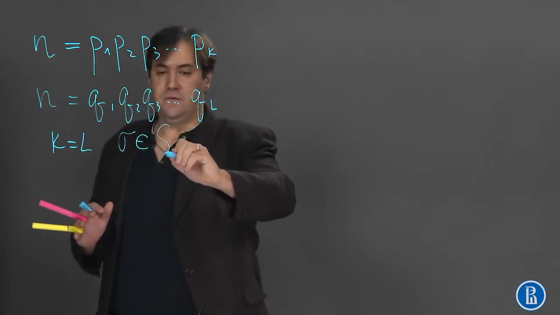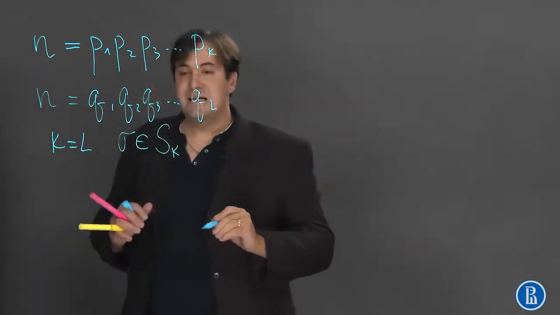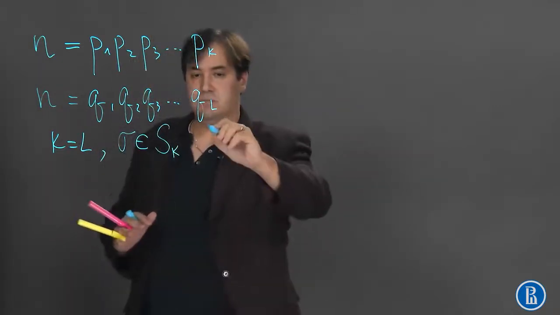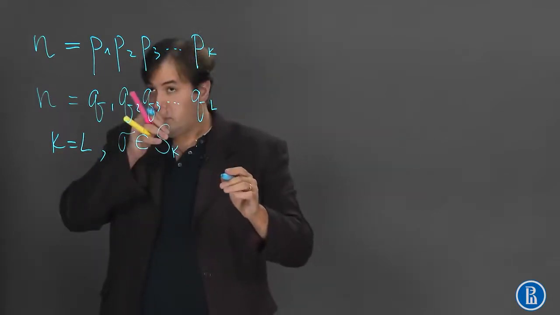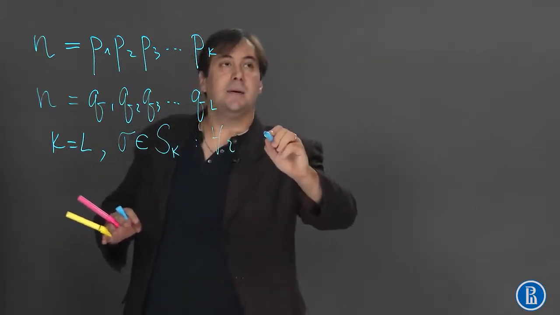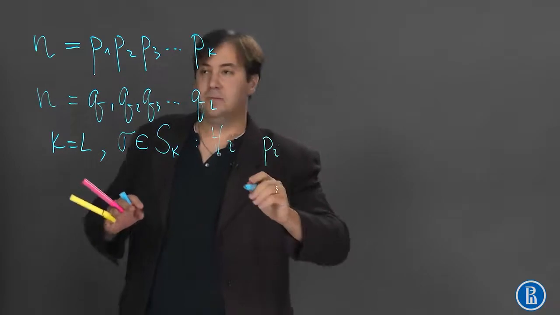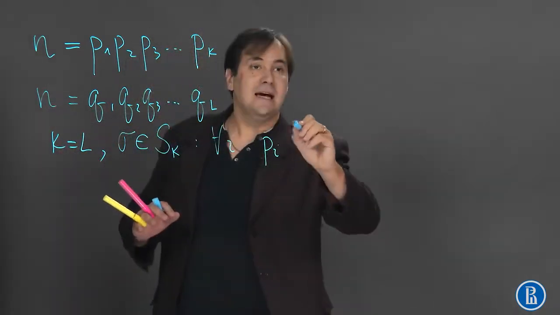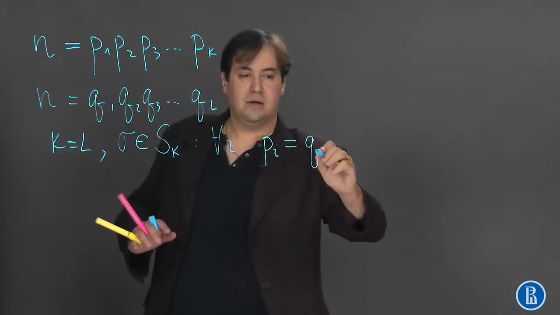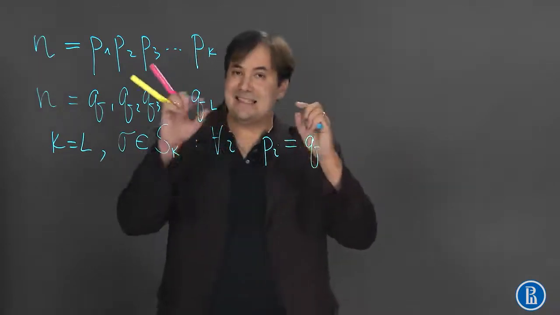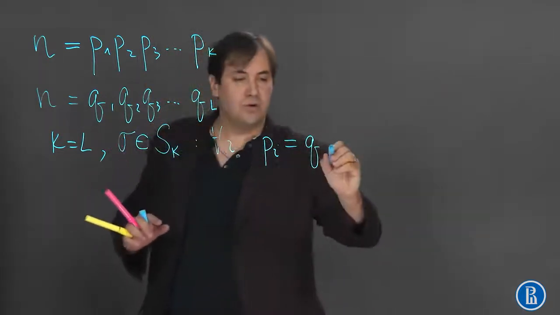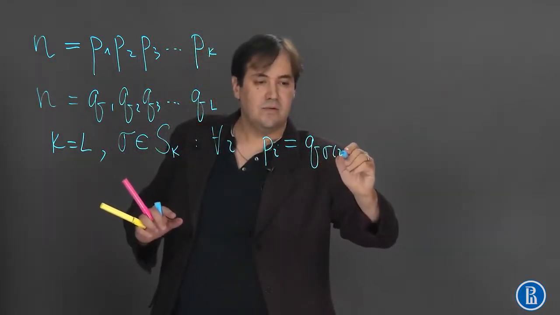It's a permutation of k numbers, such that for every number i, the ith prime element in the first decomposition is equal to some element in the second decomposition, but this element is what we use this permutation for, so we write sigma of i.